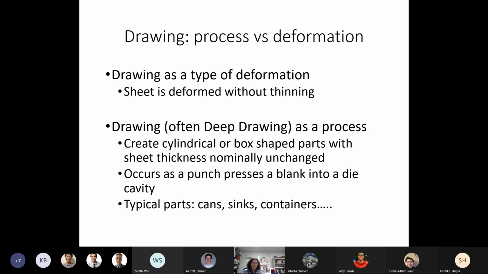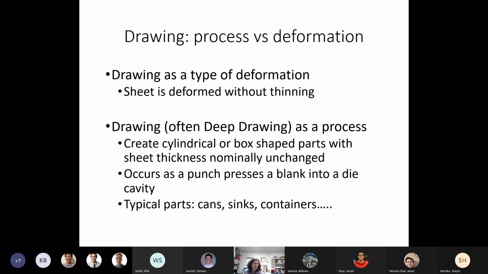Okay, now I want to finish off with a couple of process things. You may have heard in the video, especially on sheet metal, that this is something that's been deep drawn, or this is a drawn part.